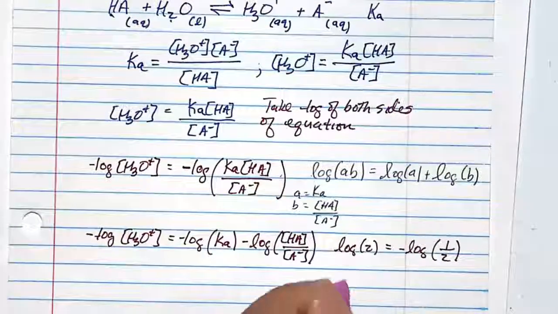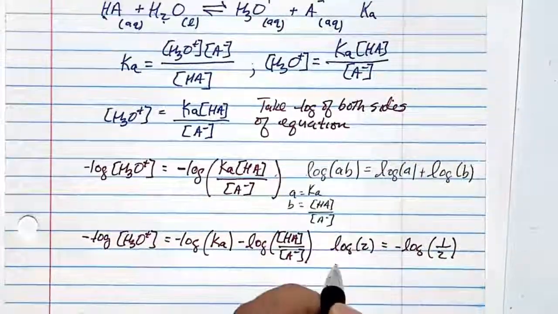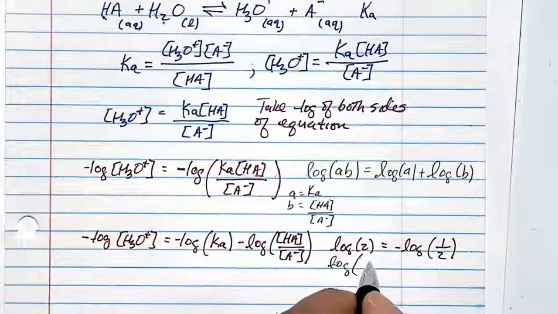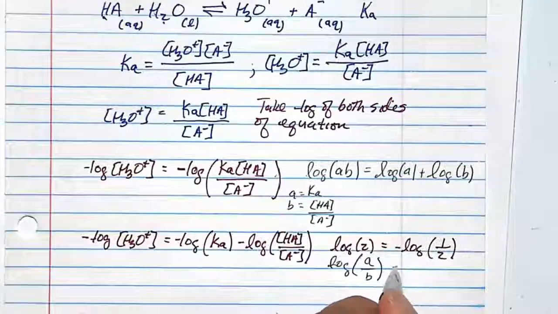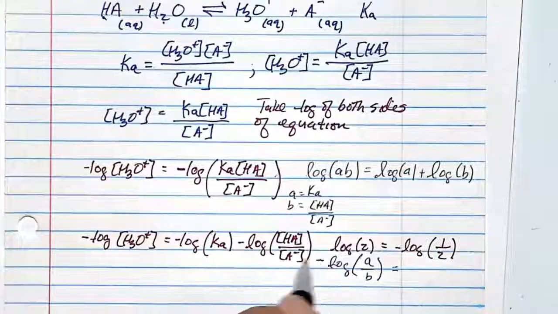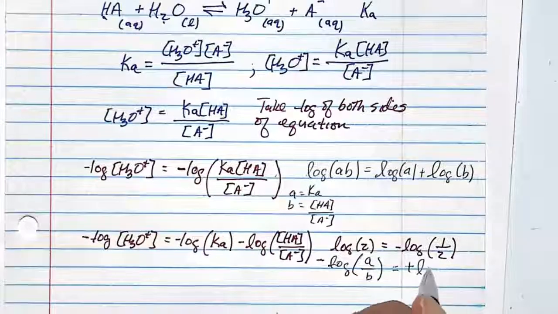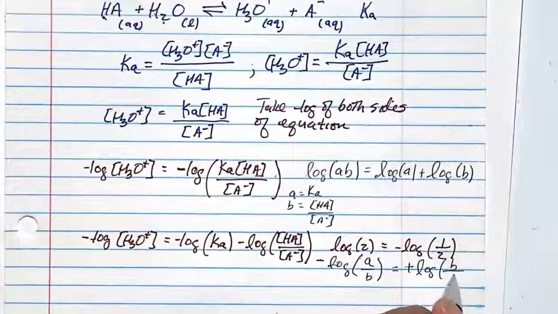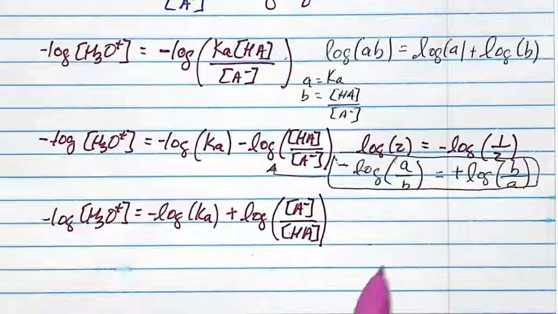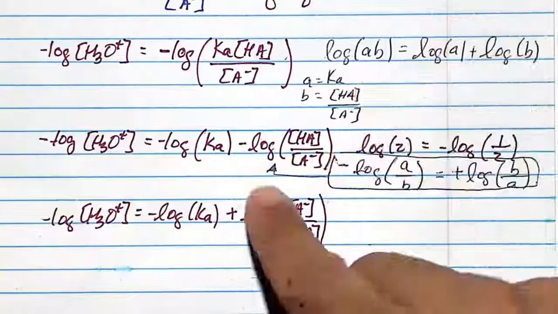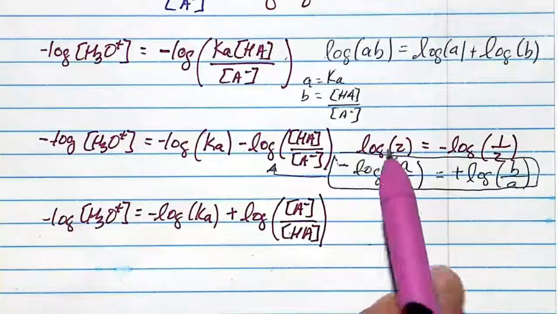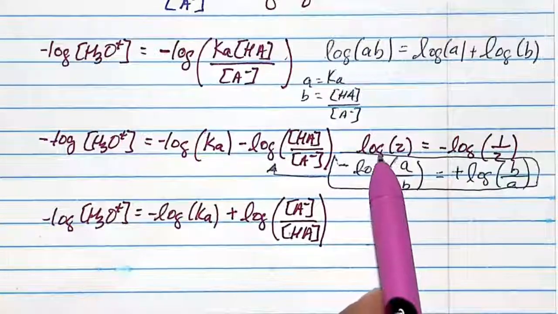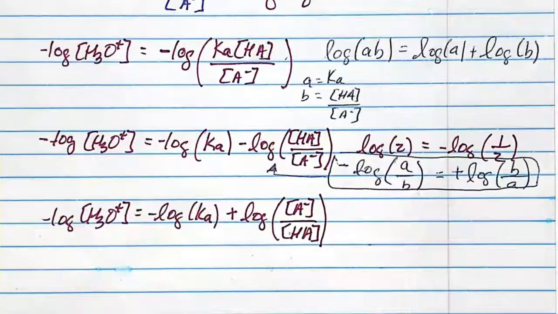So in other words, this log rule states that if you take the log of A over B, and we have a minus sign here, it is nothing more than plus the positive log of B over A. Notice what happens when you take a number and flip it: you change the sign. You can go ahead and try this on your calculator. You'll find that log of 2 equals minus the log of 1/2. So the sign flips when you invert the number that you're taking the log of.